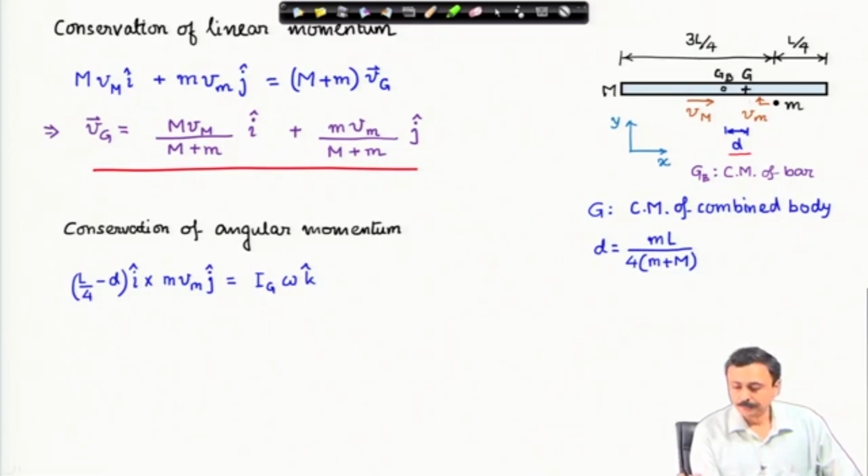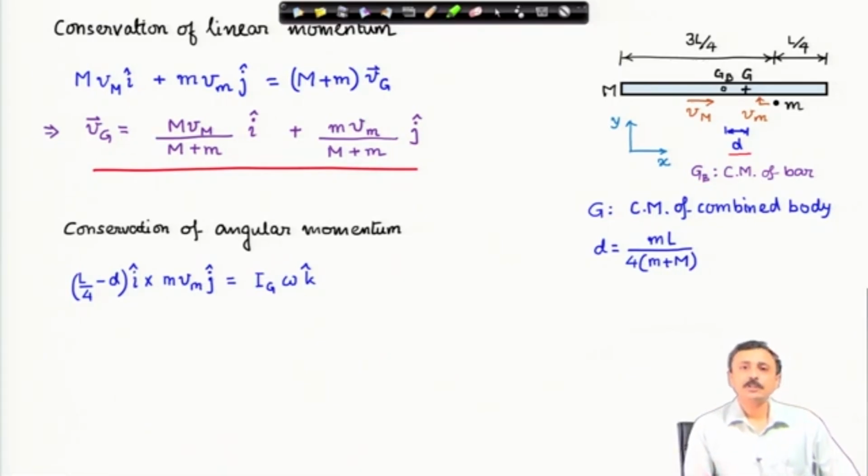If you look at the initial angular momentum of the bar itself, then it is 0, because the velocity of the bar v M before the impact takes place has a moment arm about G of 0. Therefore, the angular momentum contribution from the bar's motion is 0.